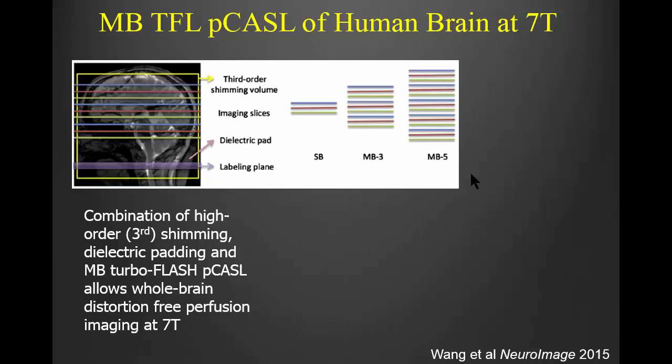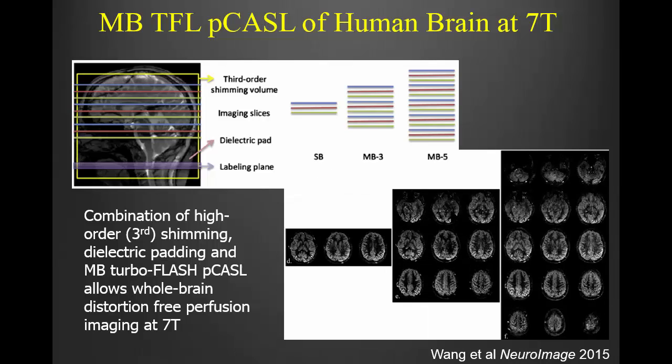In humans, there are a lot of challenges for doing ASL at 7 Tesla because of B1 and B0 inhomogeneity as well as SAR challenges. We recently successfully implemented pseudo-continuous ASL using multi-band turbo FLASH, which is resistant to field inhomogeneity effects while still having low SAR.